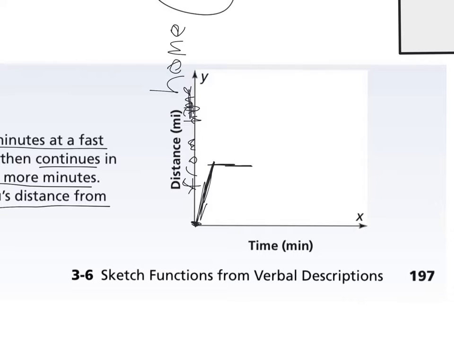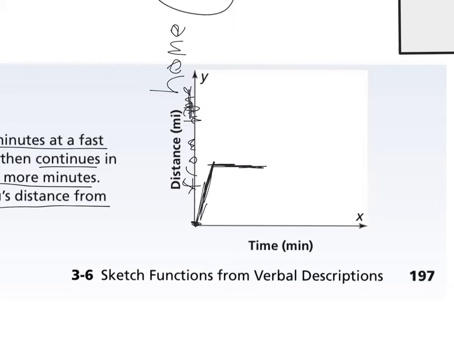Okay, it should be constant. I'm saying if I stop, I'm staying that same distance from home. Does that make sense? I'm not going back to home just because I stopped, but I'm staying at that same distance.